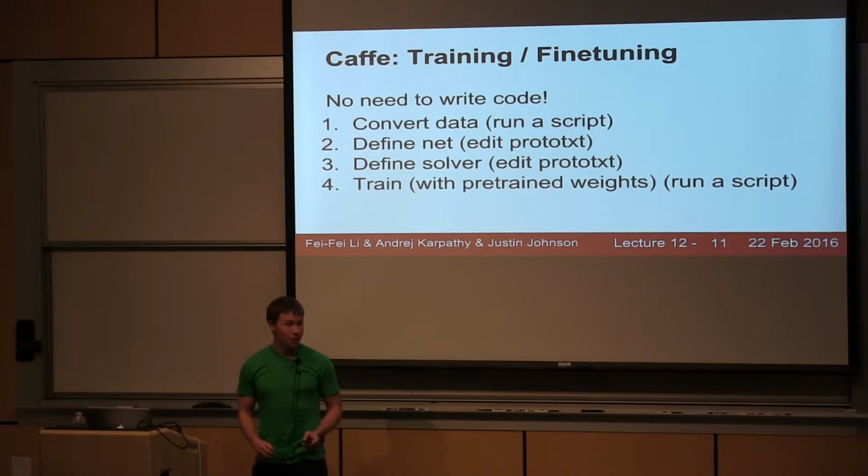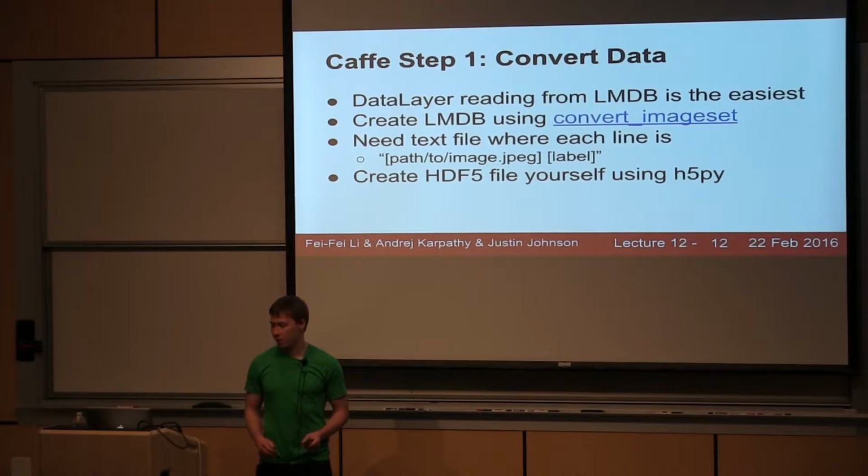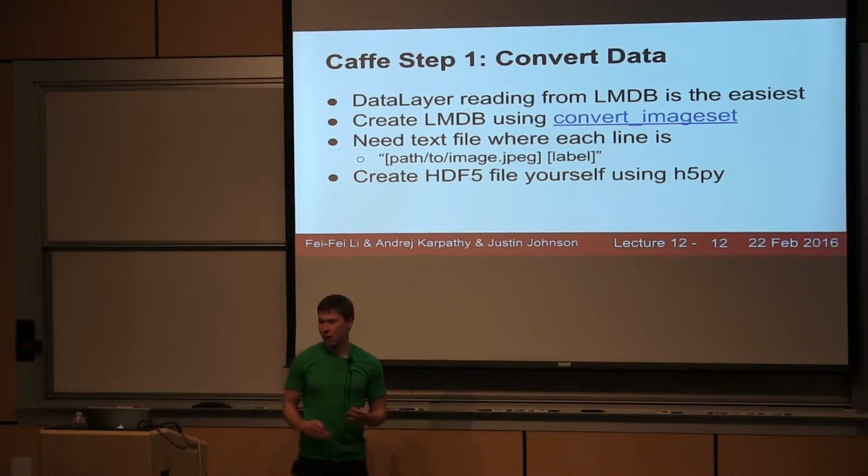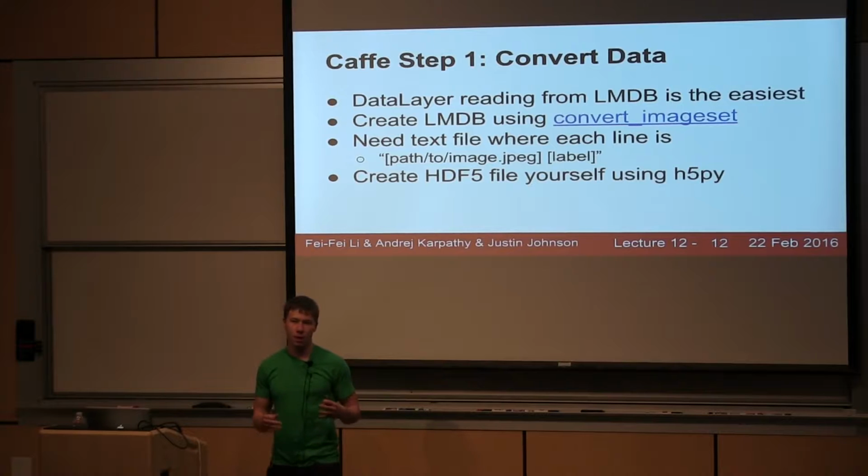That's really cool. So step one, generally you'll need to convert your data. I know we've talked a little bit about HDF5 as a format for storing pixels on disk contiguously and then reading from them efficiently. But by default, Caffe uses this other file format called LMDB.